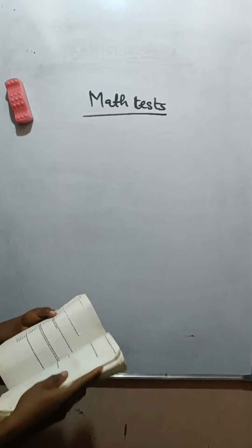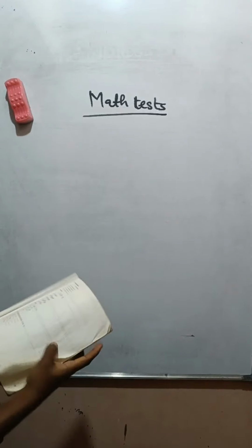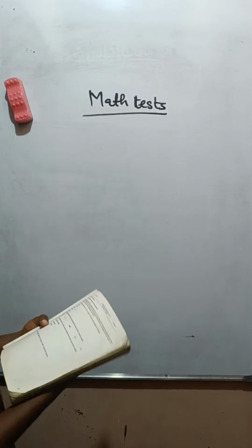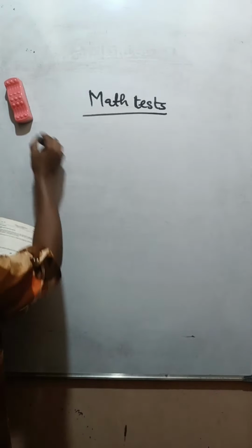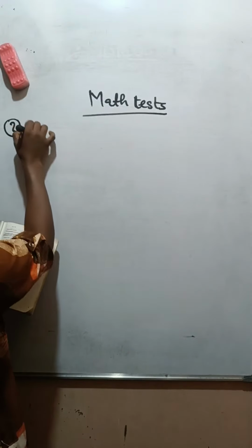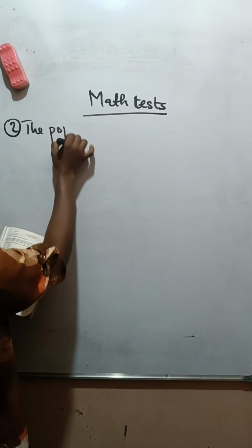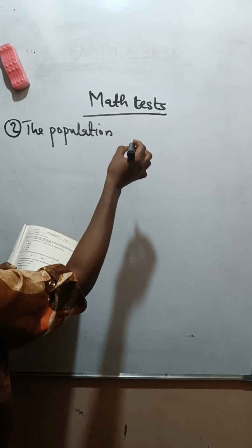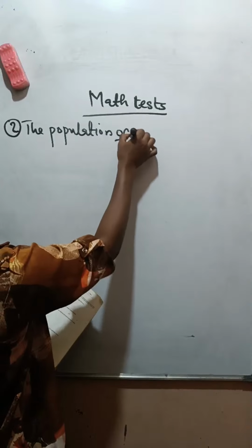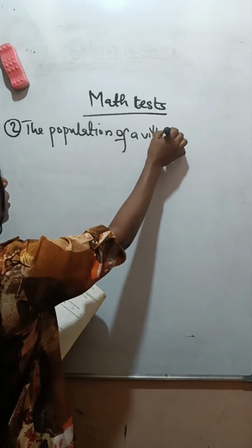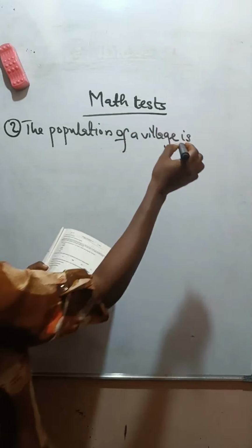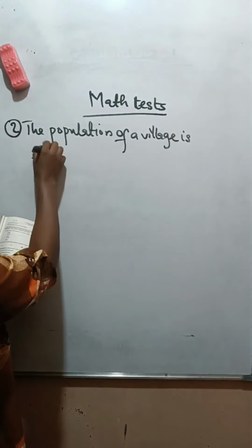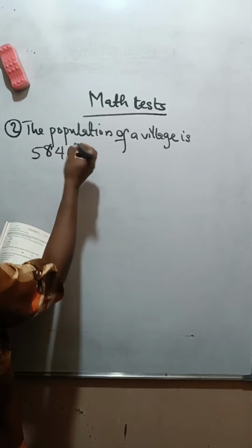Now, the second question says, number 2 says, the population of a village is 5,846.